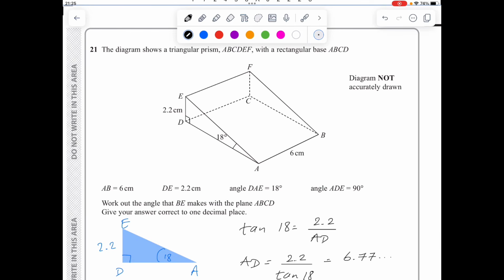Next, I'll take the rectangle at the base, ABCD, divide it into two and construct two right-angled triangles, and I'll use the right-angled triangle ABD. And from this triangle, I'll find the diagonal BD. So again, let's extract this from the shape.